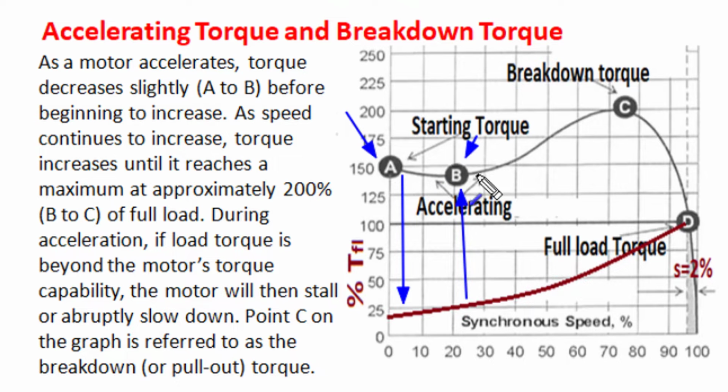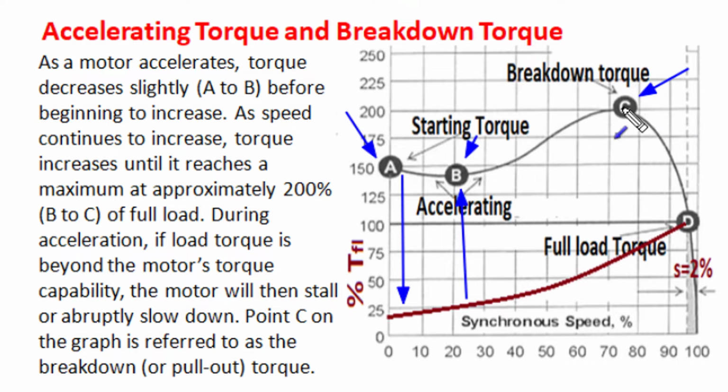But after that, motoring torque sharply and gradually increases, and accelerating torque also increases speed of rotor rotation, and at certain speed or slip conditions, motor attains maximum torque, and that maximum torque is known as breakdown torque or pull-out torque. Now this breakdown torque will occur at a particular slip condition where rotor per phase leakage reactance becomes equal to rotor per phase resistance. So the speed or slip at which breakdown or maximum torque occurs depends upon rotor leakage reactance and rotor per phase resistance.